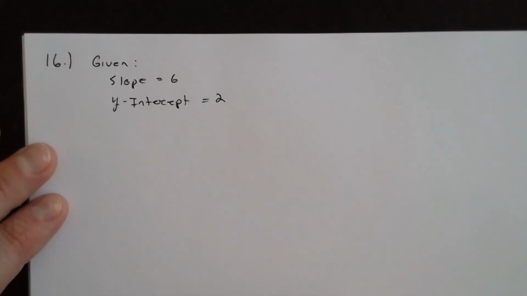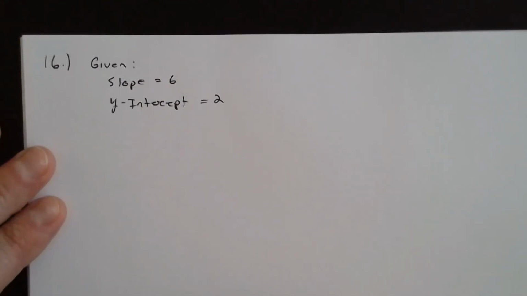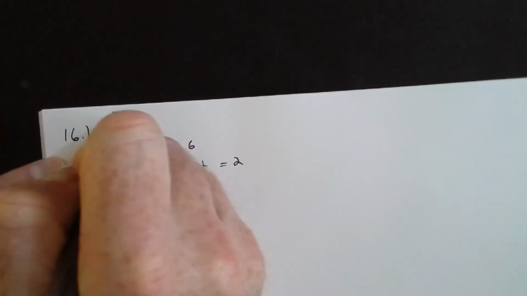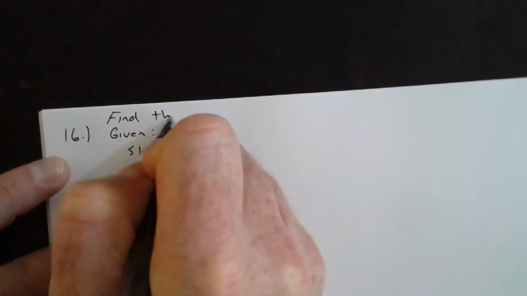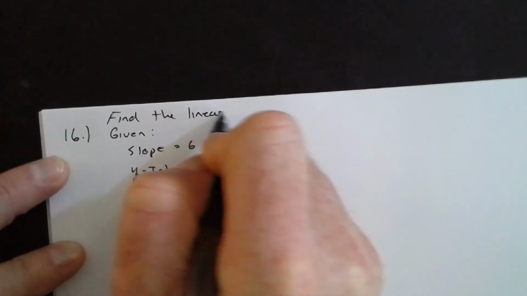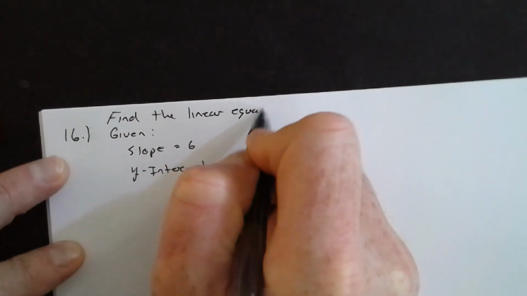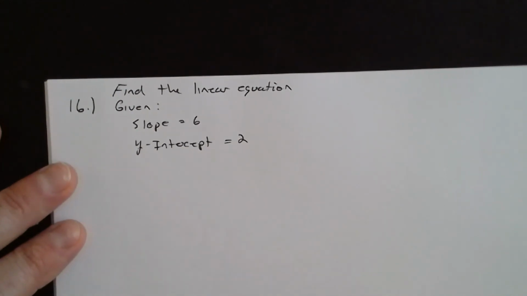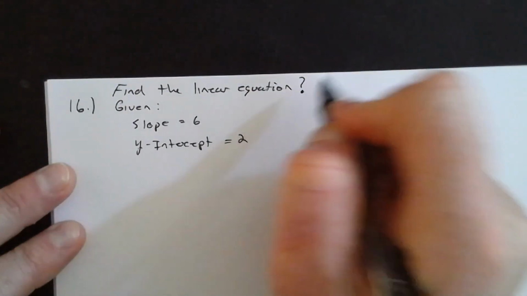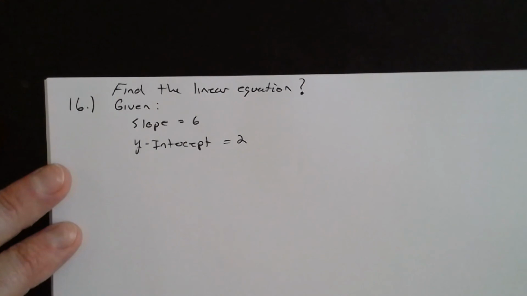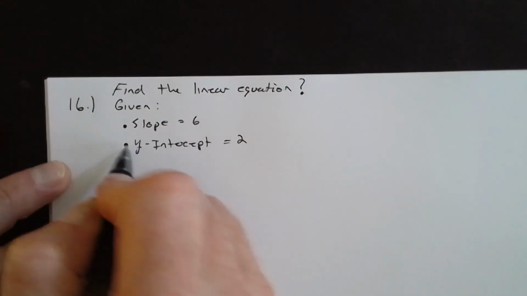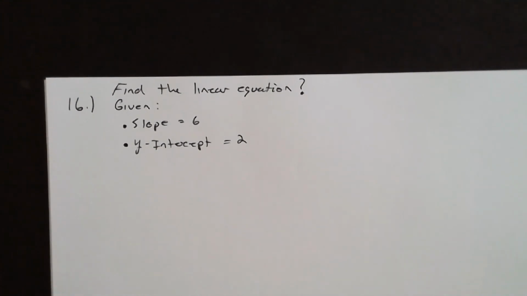We need to find the linear equation. So this is the information that we're being given. The question is, how are we going to find the linear equation?